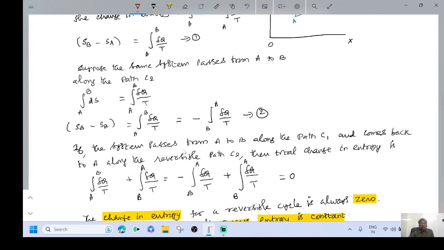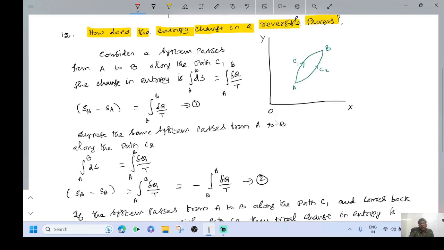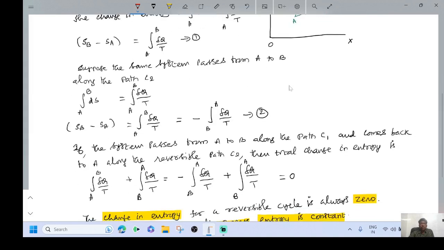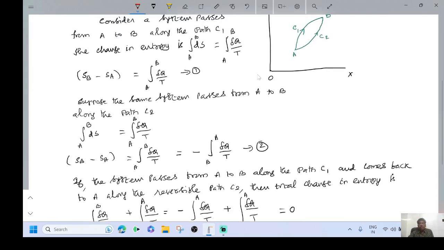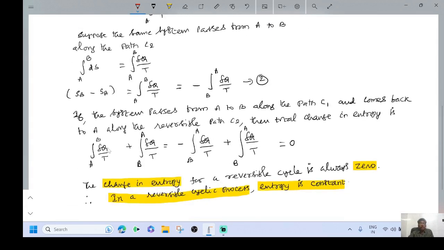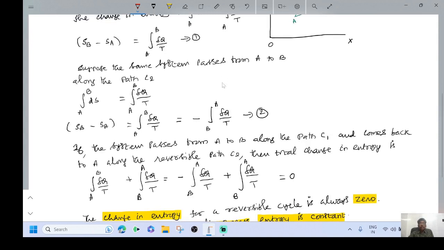If the system passes from A to B along the path C1 and comes back to A along the reversible path C2, then the total change in entropy is the integral of dQ by T from A to B plus dQ by T again.